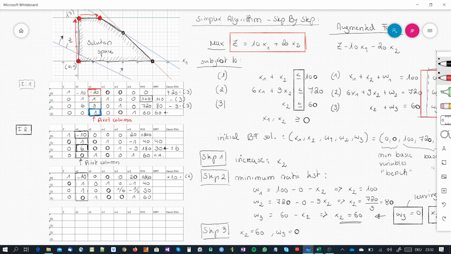Now, we get rid of the 1 here by subtracting the second constraint from the first constraint, and our pivot element row stays the same, so we do nothing. And in the third constraint we don't have x1, so we can leave it as it is. So by doing so, we still have 1 for zeta, because 1 plus 10 times 0 is 1.